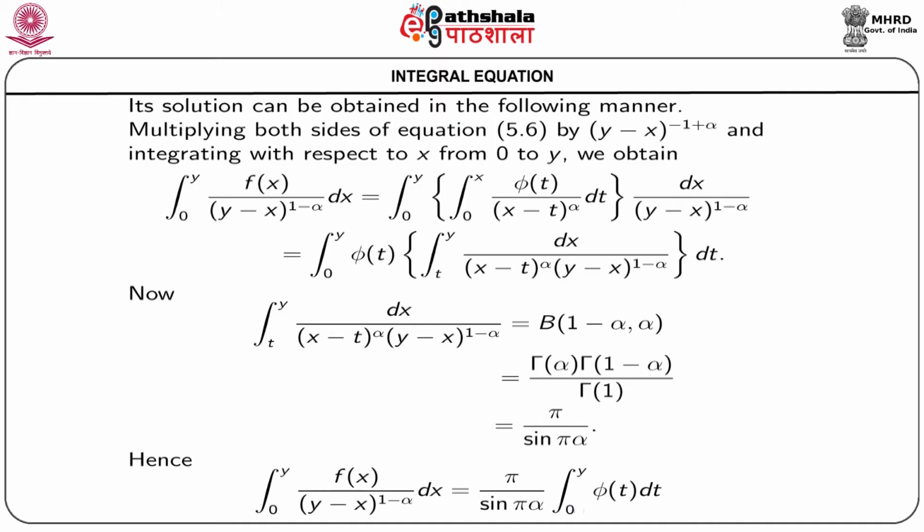Now, gamma 1, we know that it is equal to 1. Also, we know from the theory of gamma function that gamma alpha into gamma 1 minus alpha can be written as pi by sin pi alpha.